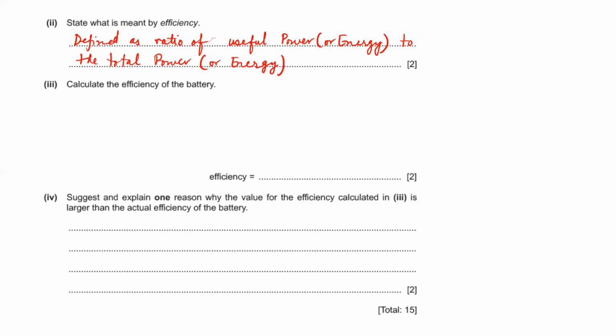One definite. So calculate the efficiency of the battery. Okay, so now we have to calculate the efficiency of the battery. So the system we are having over here is, say, for example, this is the power input.